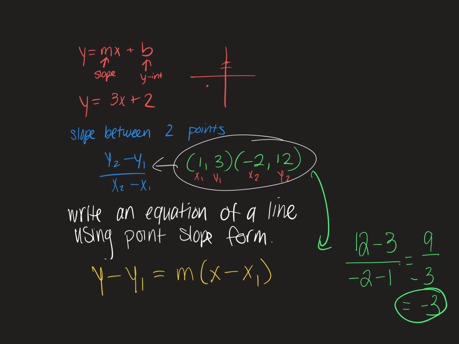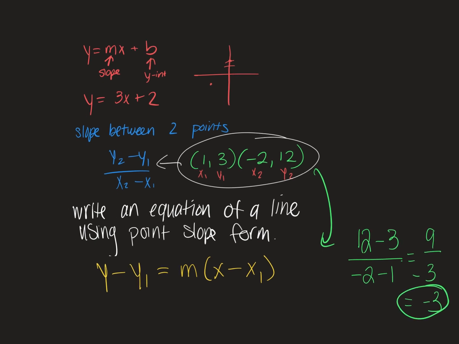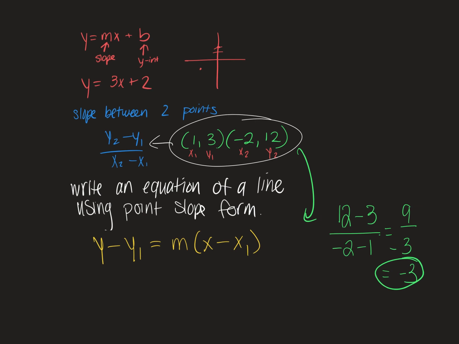So if I write this all down really quick, it would be y minus 3 equals negative 3 times x minus 1. Yes. And then you have to pick one. Let me get everybody caught up. So that's the slope.